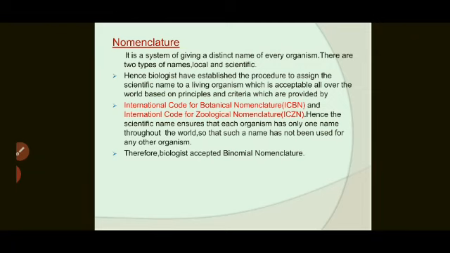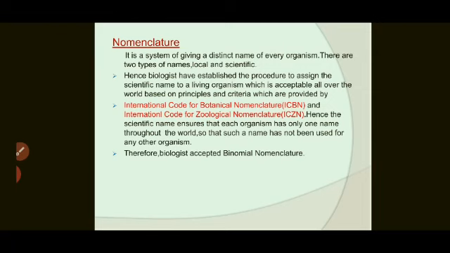Mark this question important. Expansion of this may be asked, ICBN and ICZN. So ICBN is the International Code for Botanical Nomenclature, and ICZN stands for the International Code for Zoological Nomenclature.